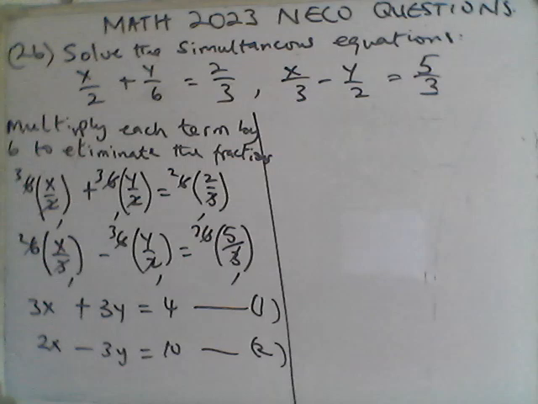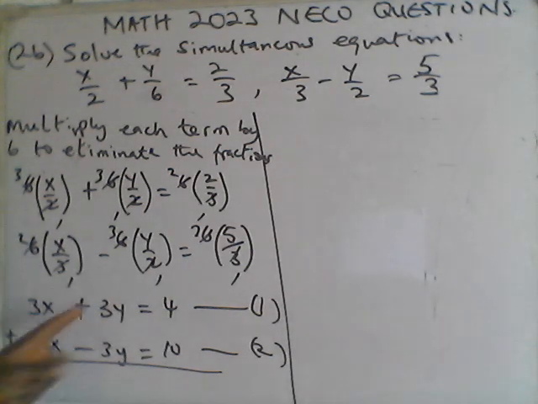So I have now gotten two equations that I will now solve simultaneously. At this point it's easy. I can just do a line under here like this so that I can do subtraction. Okay, let me do addition. So I'm going to be adding the two equations to eliminate this y.